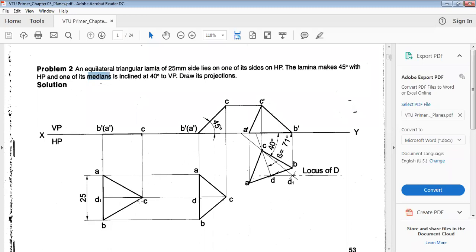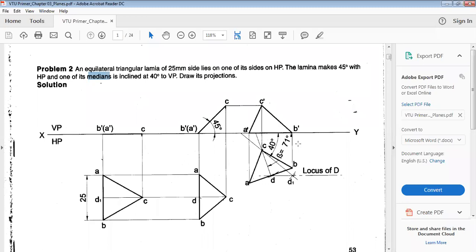Sometimes what they will give is the edge, the point which is bisecting the edge, making inclination. Or sometimes they give the median making inclination, or sometimes they give the diagonal making inclination.